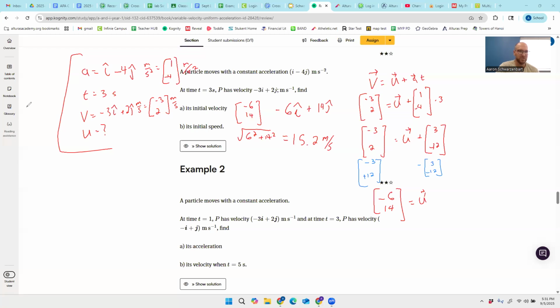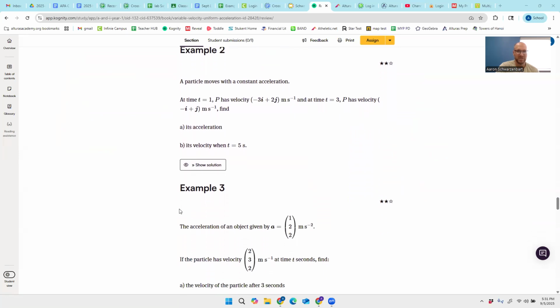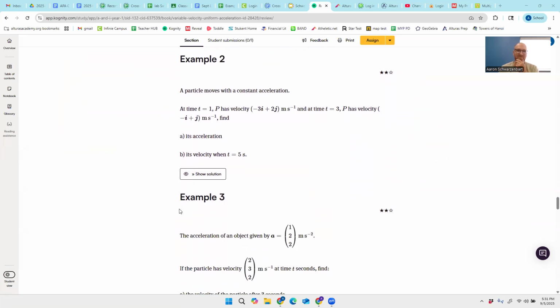Let's look at example 2. A particle moves with a constant acceleration. At time t equals 1. Again, I'm just going to start with knowns and unknowns. T equals 1 second, it has velocity negative 3 i hat plus 2j hat meters per second, which in vector notation is this, or kind of in matrix notation.